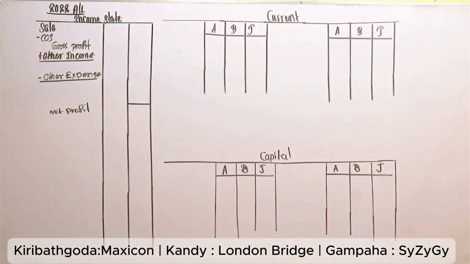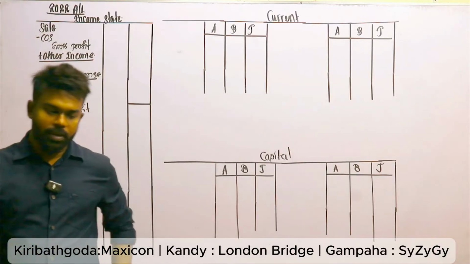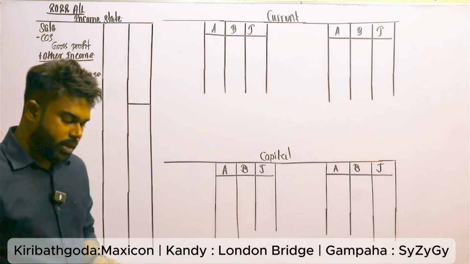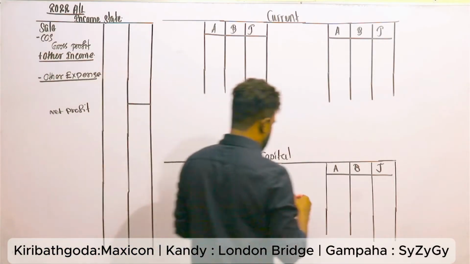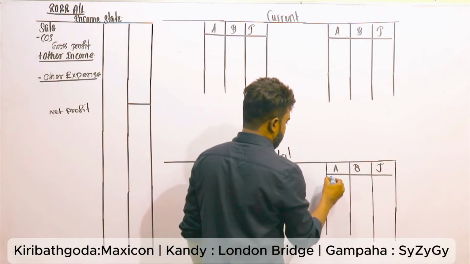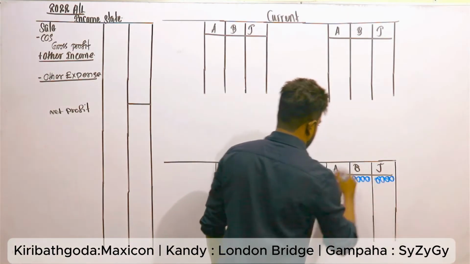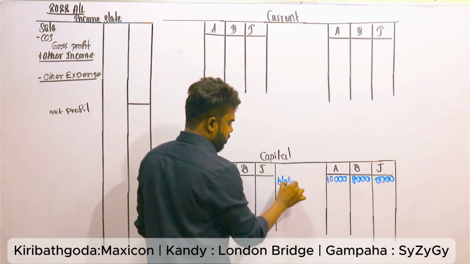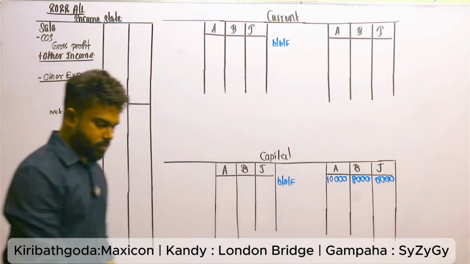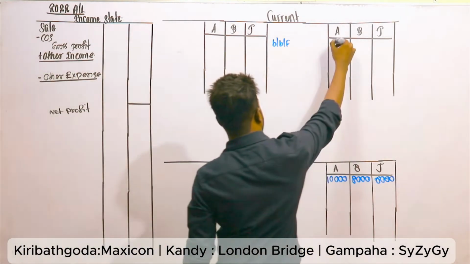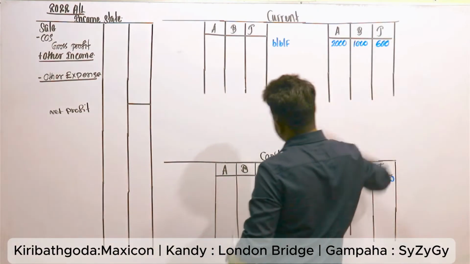Look, are there any opening balances? The question says the balances at 1st April, and the loan balance is also there. Amal, Banu and Jayani capital account balances are 10,000, 8,000 and 6,000, and the current account balances are 2,000, 1,600 and 600.